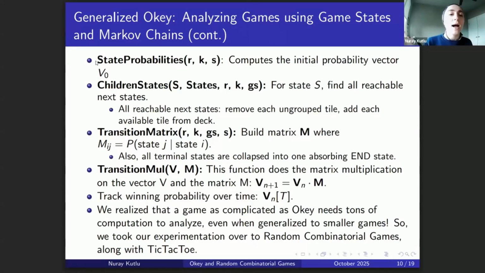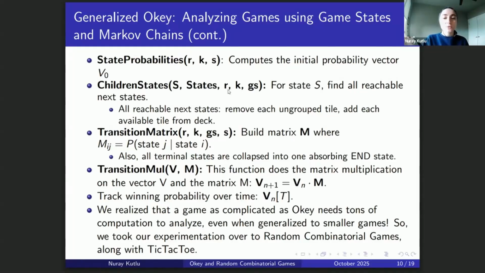So this is actually kind of required for us to begin. We need to have a state probabilities vector, which is just the initial vector in the Markov chain. And then children states helps us see which states a certain state can transition to, so all the reachable next states.